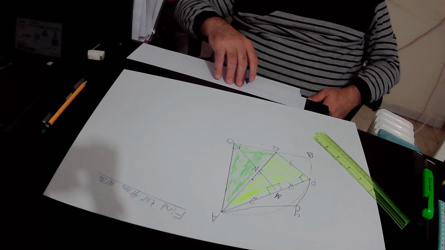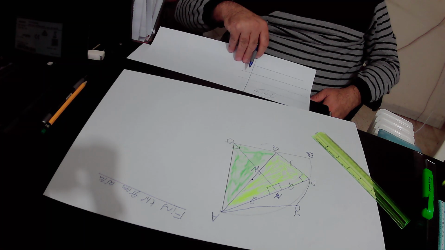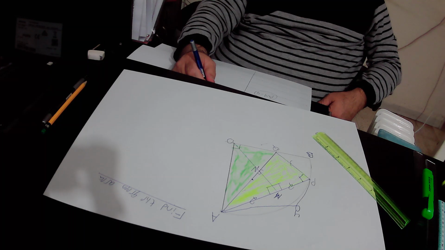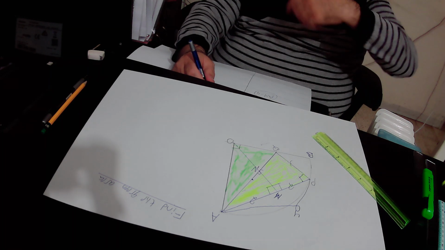Okay, so the right triangle AMN is similar to the right yellow triangle APQ.